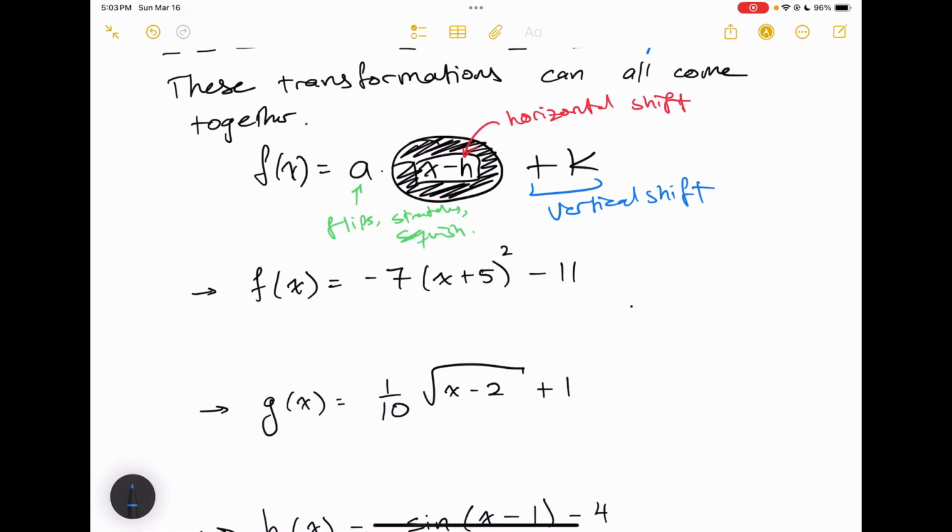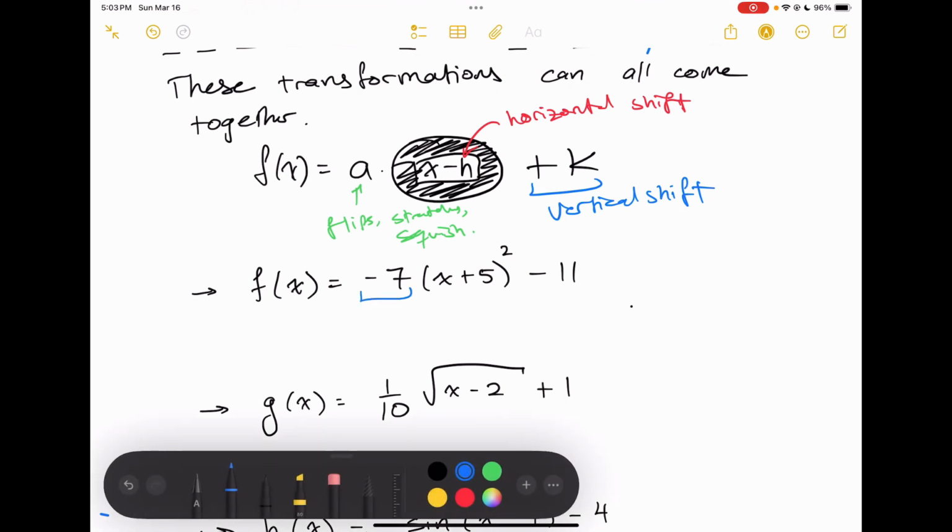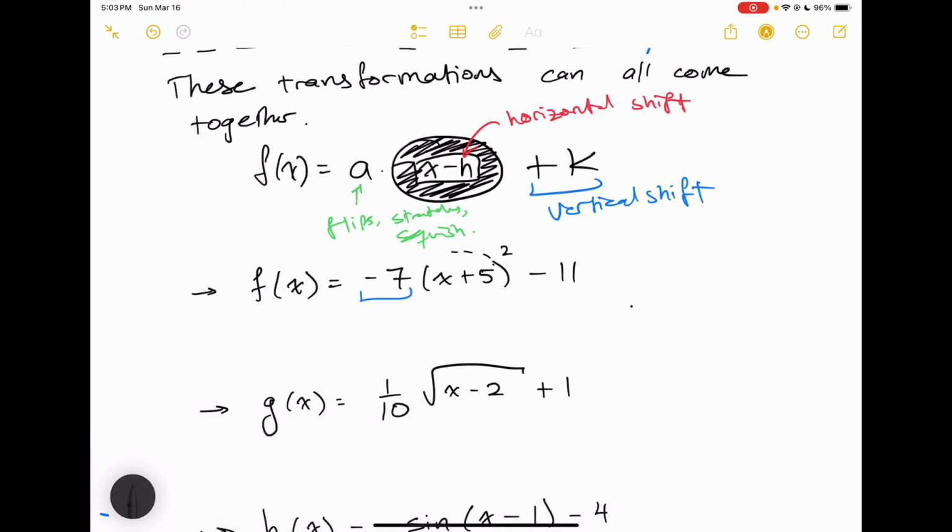We're going to look for our a first, and that's going to be this thing right here on the outside of the core function. That core function is this thing right here, the x squared. So this over here is my Dotson, because that's where the new function is being applied, through this squared. So negative 7 is being multiplied on the outside.